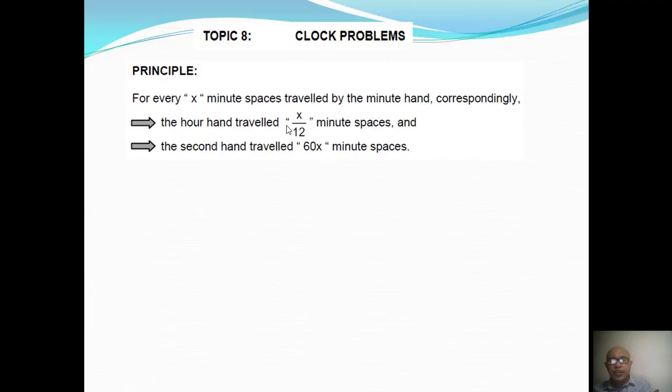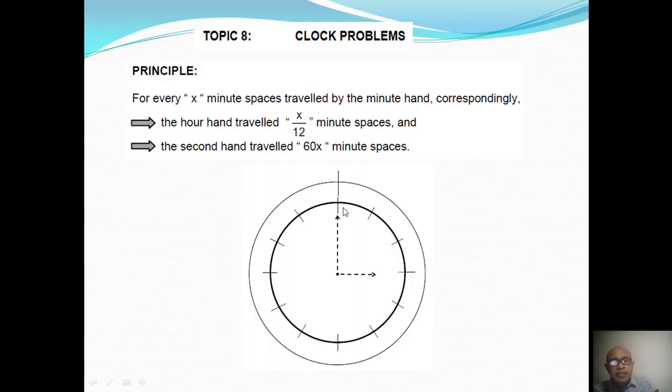Okay. So let us say, to illustrate the principle, we have here the clock, and I set the clock at an initial time of 3 o'clock. And then I will let the hands move. So let us say this is now past 3 o'clock. The minute hand has moved this number of minutes.